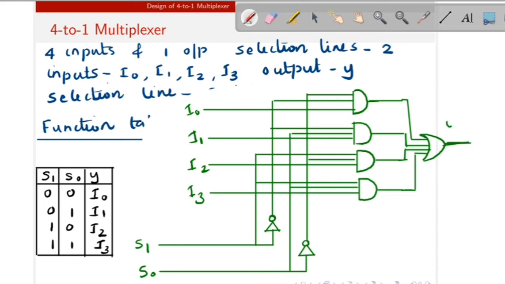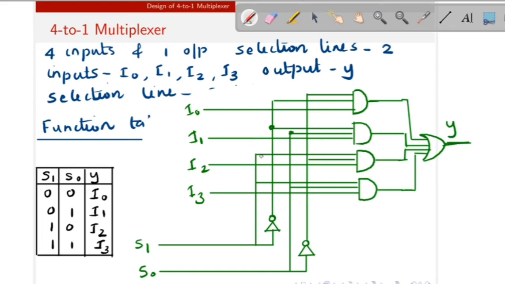So here it is. When I0 is equal to 1, then S1, S0 is equal to 0. These all are 1, it generates 1. When I1 is equal to 1, then S1 is equal to 0 and S0 is equal to 1, then it generates I1.